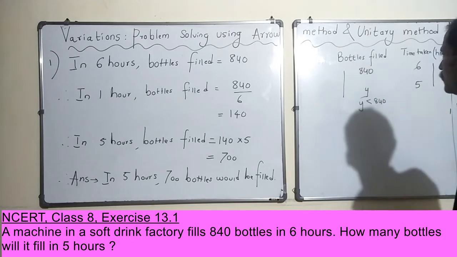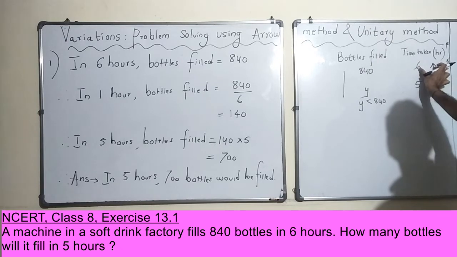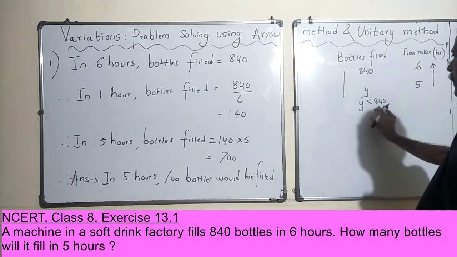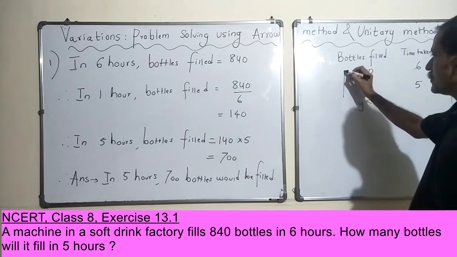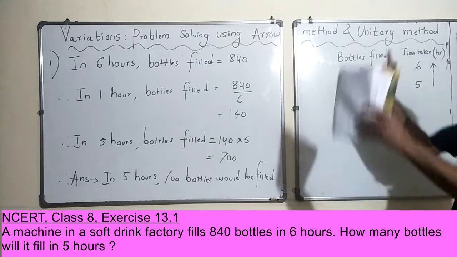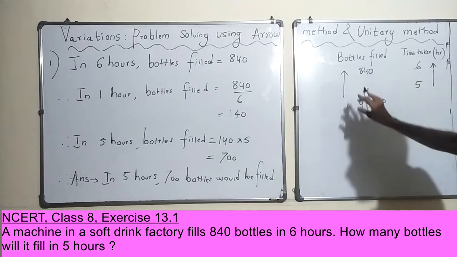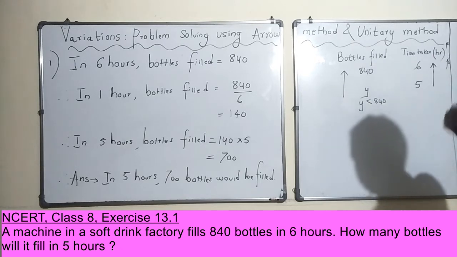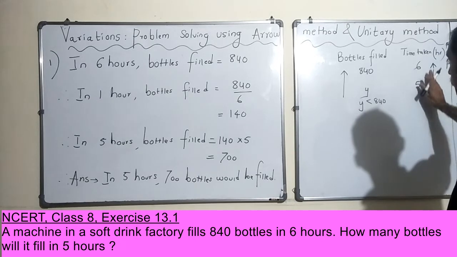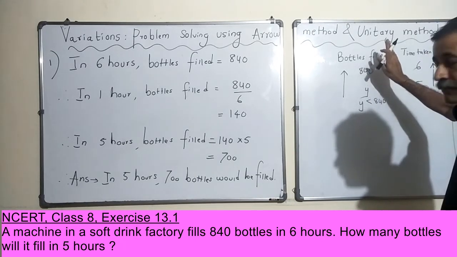Let's draw the arrow. So the arrow points like this, because 6 is more, I point the arrowhead towards 6 and the tail is 5. Similarly, y is less, 840 is more, so it is this. In both the cases, arrows are pointing in the same direction. So this is a case of direct proportion, which means as the time taken increases, so also the number of bottles filled will increase.